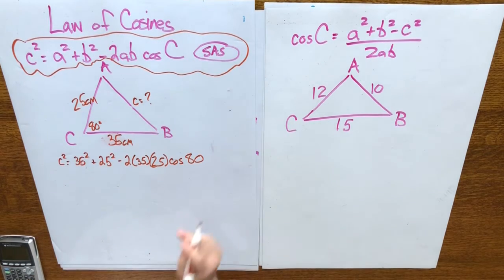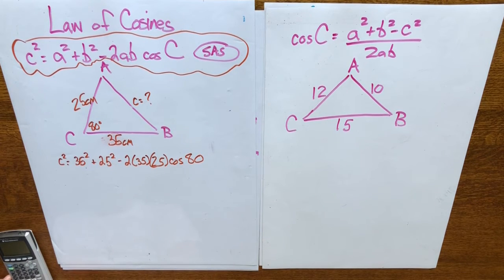Now type that in your calculator. You should be able to type it all in at once. 35 squared plus 25 squared minus 2 times 35 times 25 times the cosine of 80.